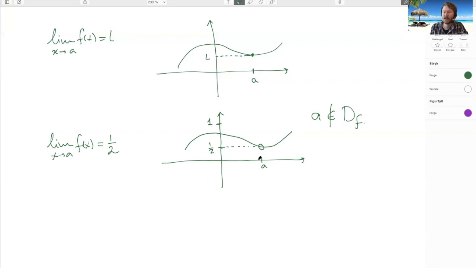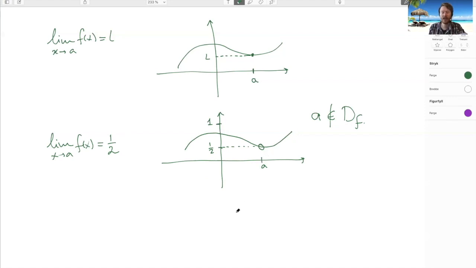It doesn't care if it's in the domain, and if it's in the domain, it does not care what the value is there. And this is something we'll see when we write up the formal definition of the limit: the value of f at the point is not at all used. So the definition of the limit is completely independent of what the function actually does at that point. The point is to capture what it does as we approach that point.